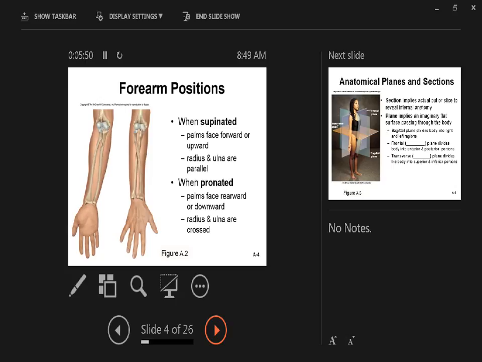Okay, when supinated, your palms face forward or upward, your radius and your ulna are parallel. Okay? So when you're in the anatomical position, like I say, your palms are either anterior, facing forward, they can be ventral, or they can actually be what? Supinated. Okay? I don't know if they mentioned supine in your textbook.